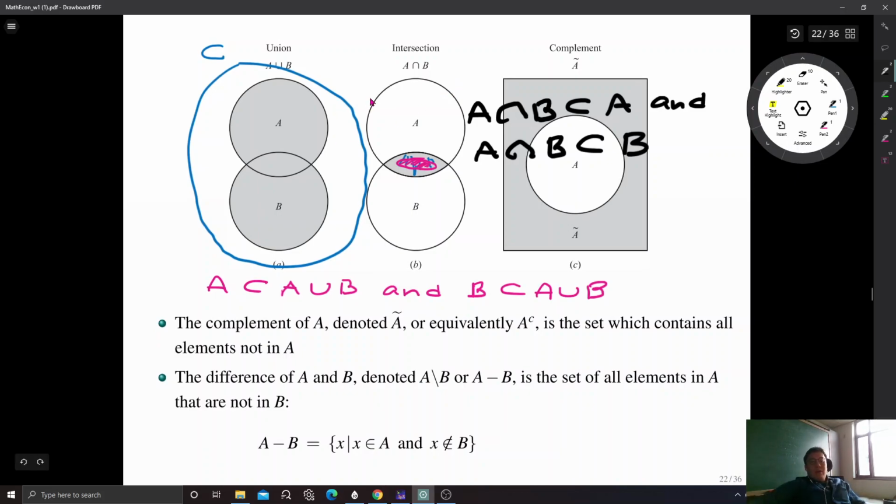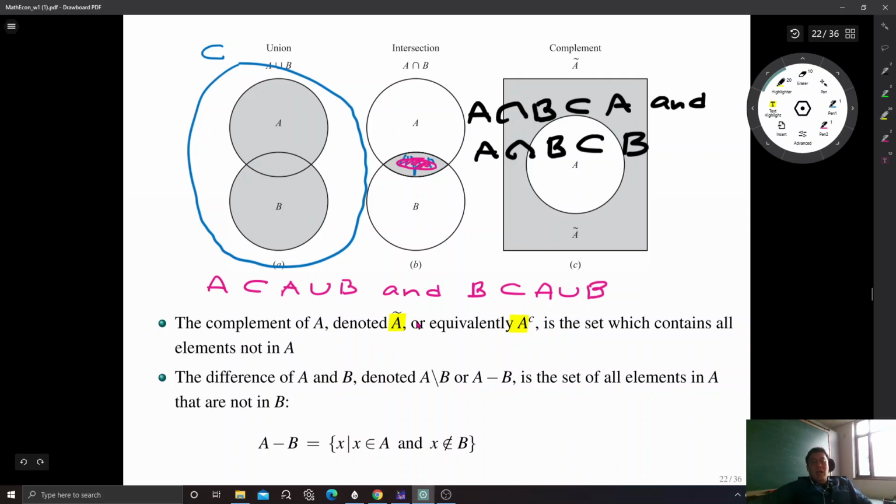Cool. And the third operation is complement. Complement is denoted by a tilde or A^C. Here C is for complement.